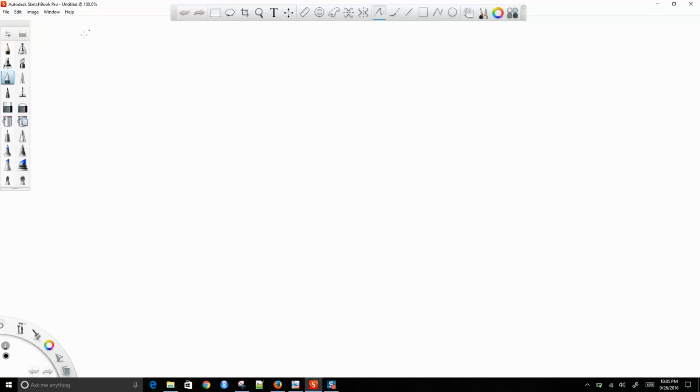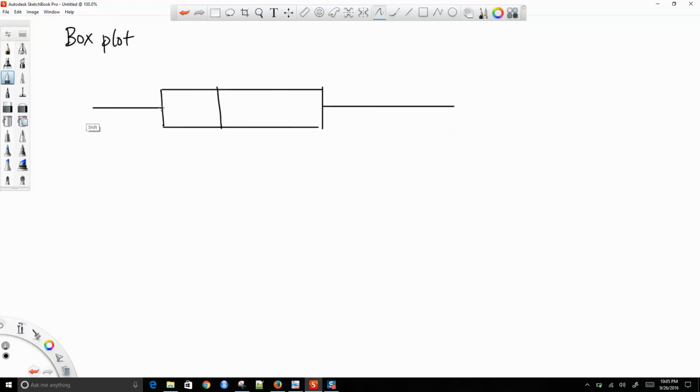So the final way to display things is with a box plot, okay? And a box plot looks like a box with a line somewhere here, and then 2 lines coming out of it, okay? And then maybe you have some dots. The box is defined by 3 values: Q1, the median is this middle line, and you have Q3.